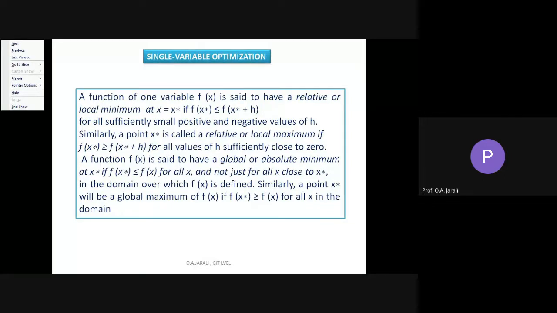Here it is called a global or absolute minimum. Similarly, a point x star will be global maximum of f of x if f of x star is greater than f of x for all x in the domain. So we'll see one example.